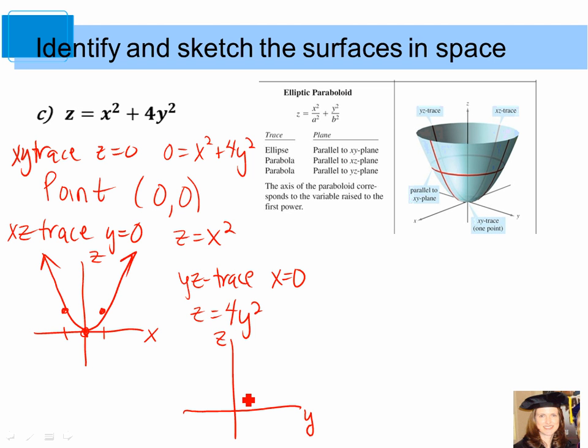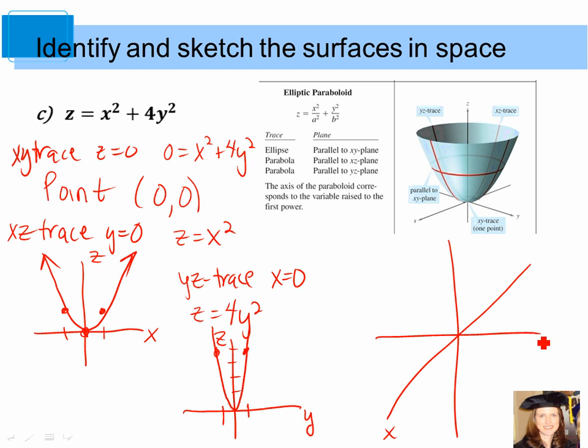Now this is a parabola that opens up, but that 4 in front makes it a very narrow parabola. In fact, when y is equal to 1, z is equal to 4. So it's going to be a very narrow parabola that opens up. We're going to combine these 3 sketches on a single graph in space.